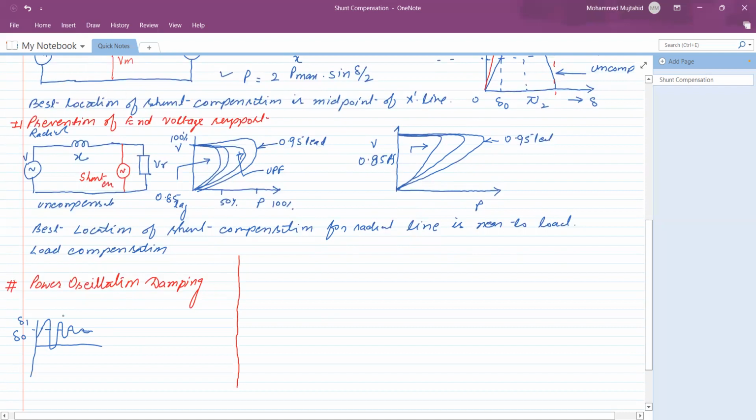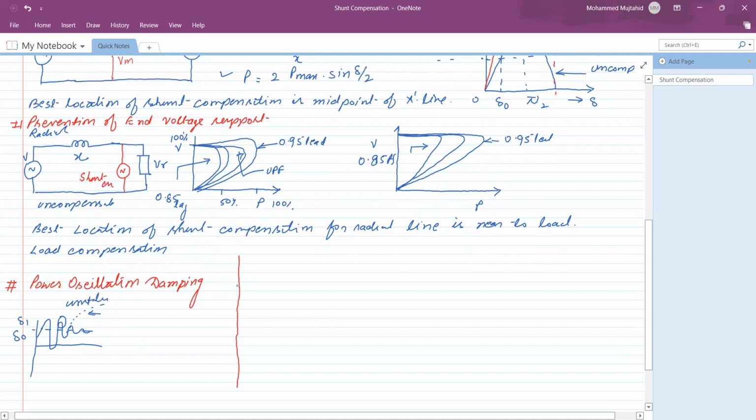But the second oscillation should be smaller than the first oscillation. It means that the system is going to settle somewhere in the equilibrium. This is the classical model which we learned in power system stability. But if it takes more oscillations, there may be chances that after a few oscillations, the oscillation increases and the system becomes unstable, isn't it?